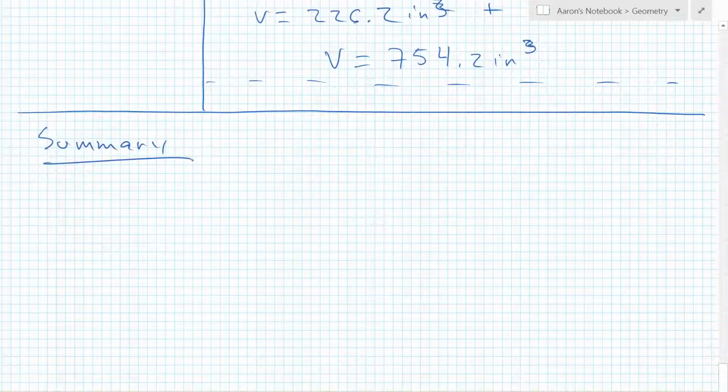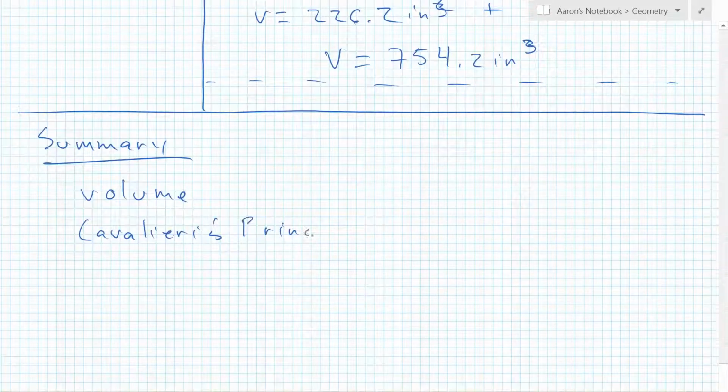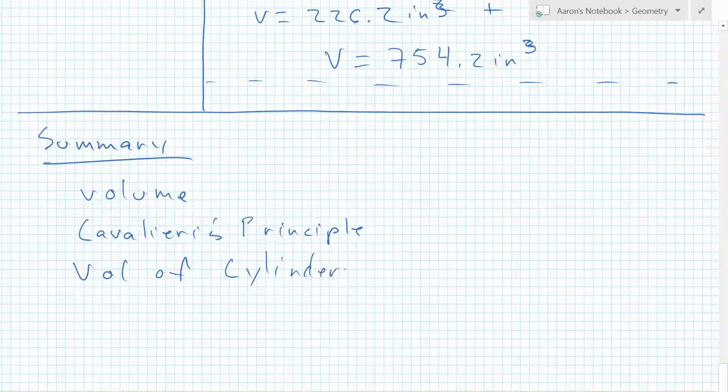So today we talked about volume. We talked Cavalieri's principle. We talked volume of cylinders. V equals pi r squared h.